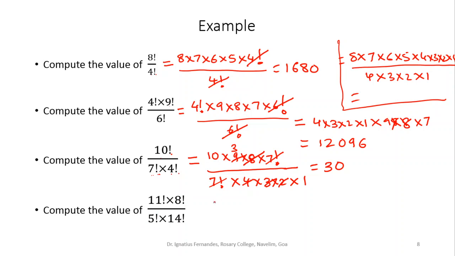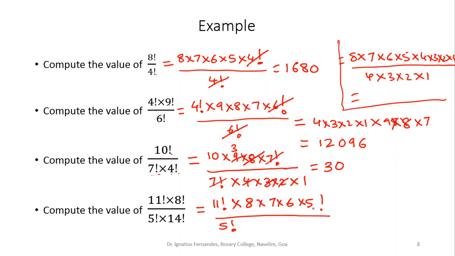And the remaining numbers you can then multiply. So 11 factorial you will keep as it is, because you want to cancel it when you simplify 14 factorial. 8 factorial you will simplify till 5 factorial: 8 into 7 into 6 into 5 factorial divided by 5 factorial as it is.